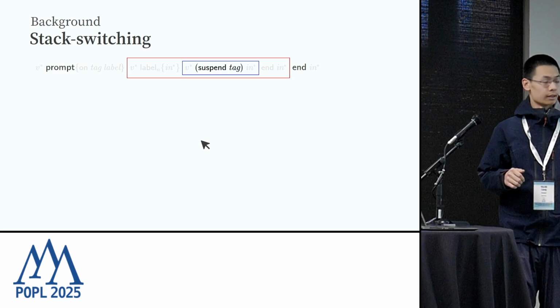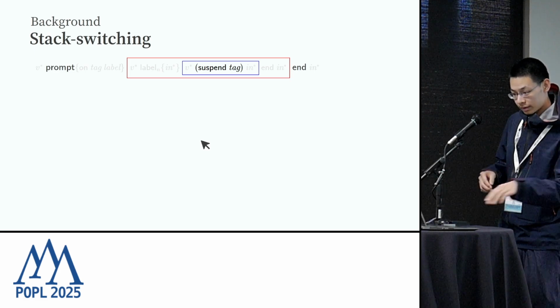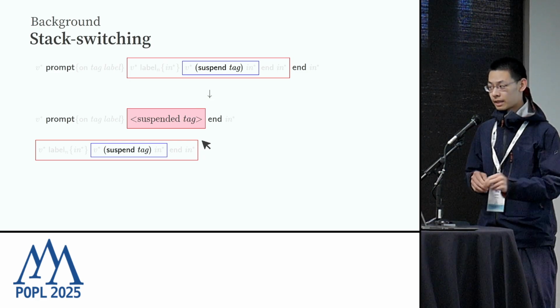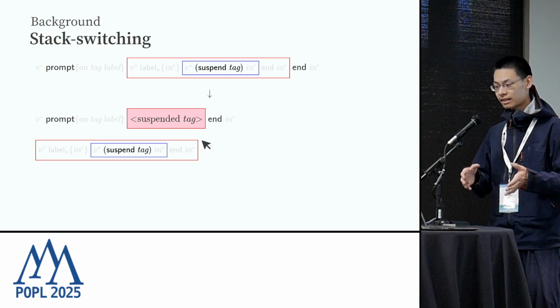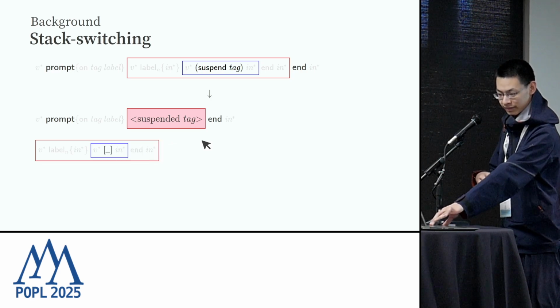And this is the resume process. And for suspend, we have the reverse process. First we have a suspended marker, and we move the stack outside the real stack into a temporary area.